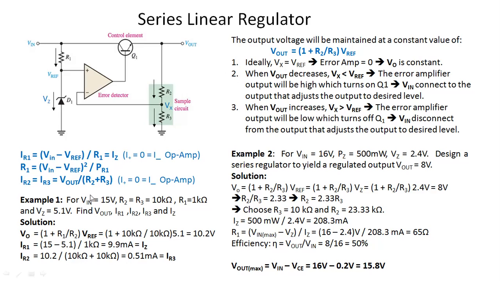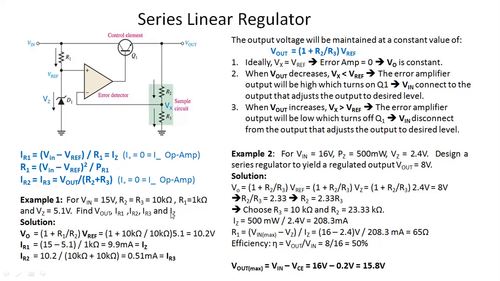If we have a question like this, for V in, take the value as 50 volt. R2 and R3 are 10 kilo ohm each, the same circuit diagram. R1 is 1 kilo ohm. VZ is 5.1 volt, which is nothing but the reference voltage. Find V out, IR1, IR2, IR3, and IZ.